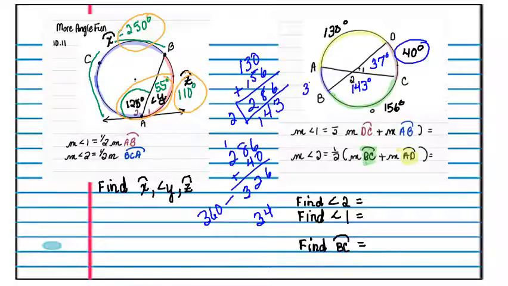So this would be 34 degrees. And we can do the double check. If we take 34 and add it to 40, we get 74. And half of 74 is, surprise, surprise, 37 degrees. And all is great in our circle world again.